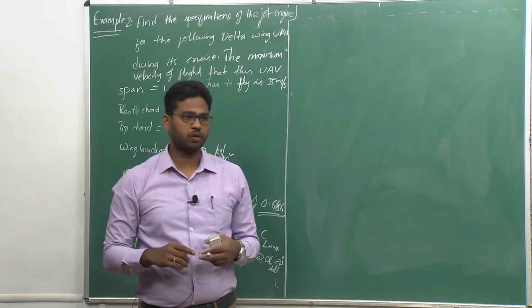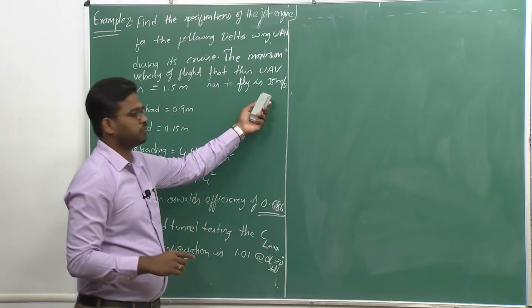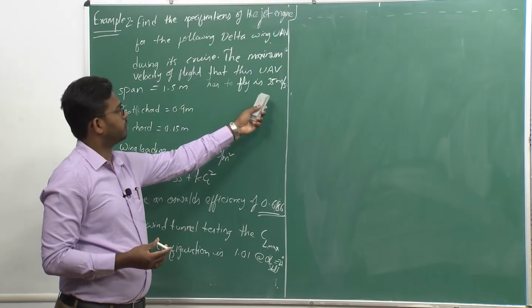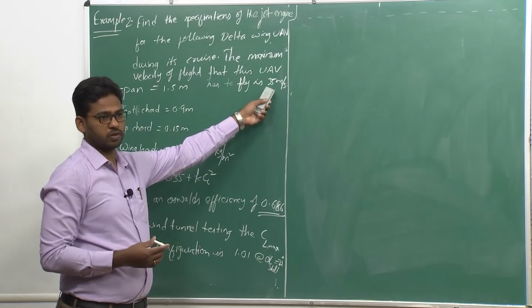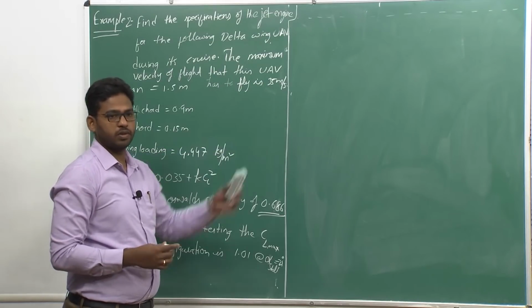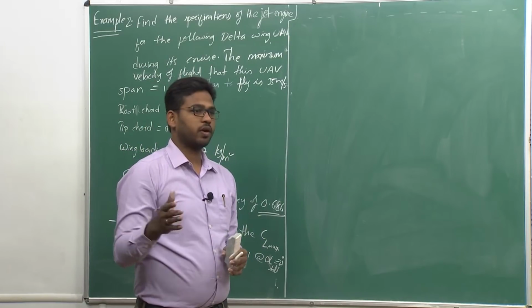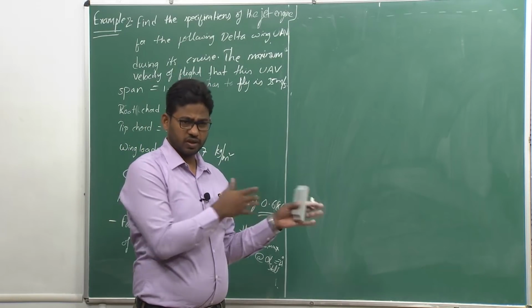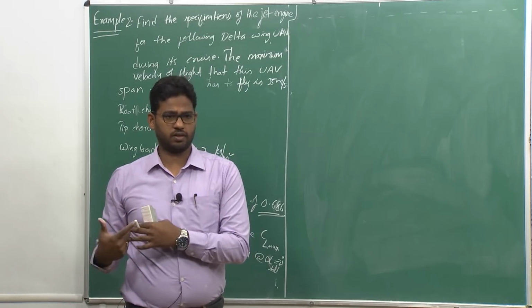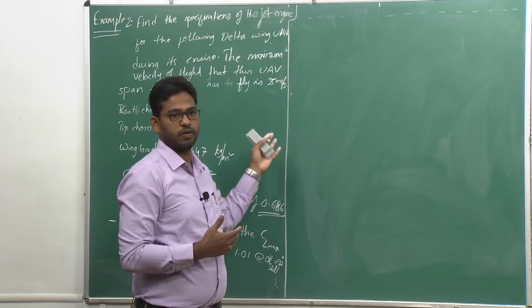So, we need to find out the maximum thrust requirement, which comes when you fly at the maximum velocity. For this case, the maximum velocity required as per the mission is 35 meters per second. So, we need to find the corresponding thrust required at 35 meters per second, which the jet engine needs to deliver to achieve this particular flight condition.